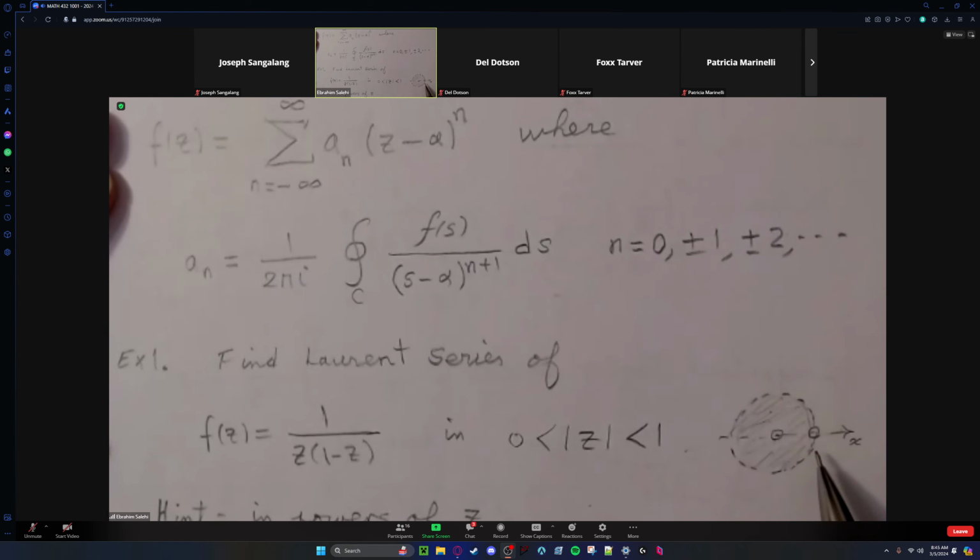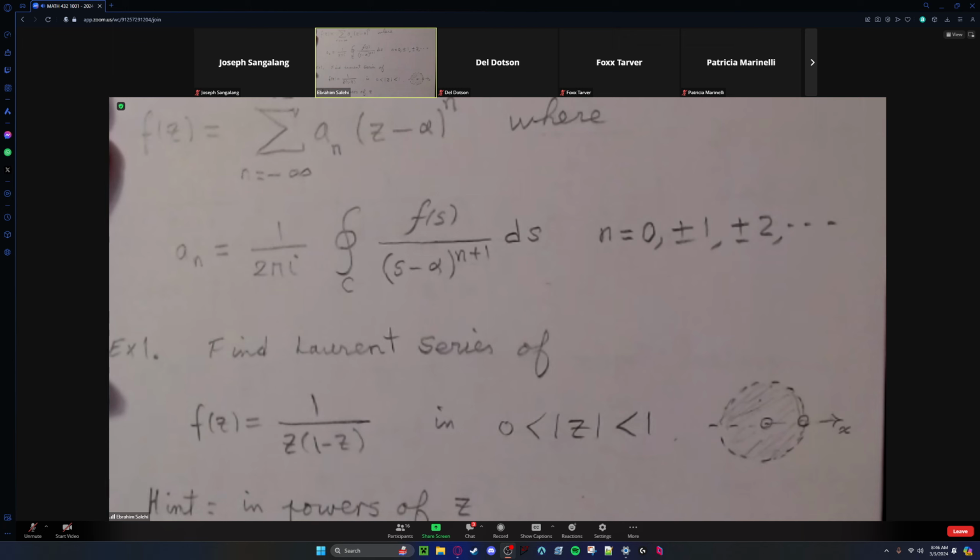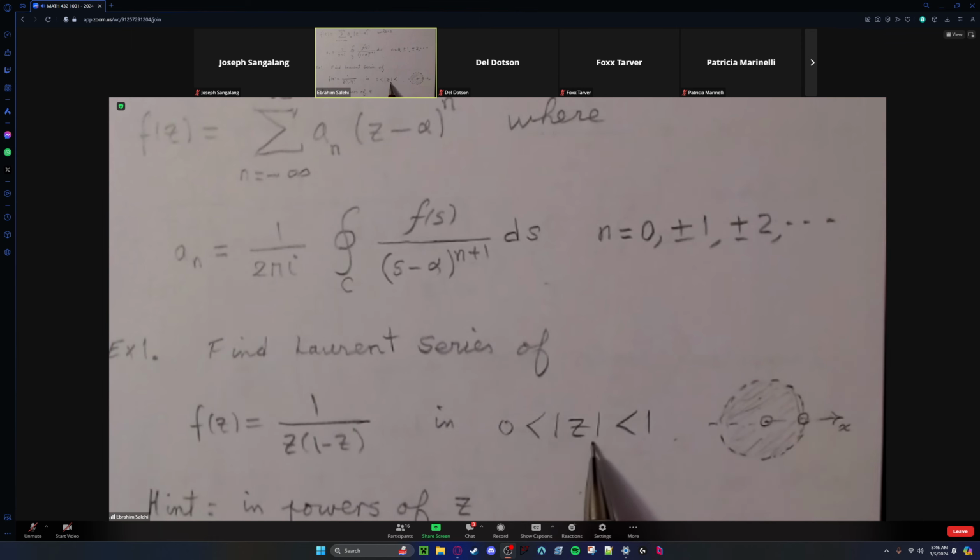It is inside the disk, and it is bigger than 0, which just indicates that we are not choosing 0. There is also another hint here. Whenever you want to do such a thing, it basically tells you, go ahead and find the series in powers of z.